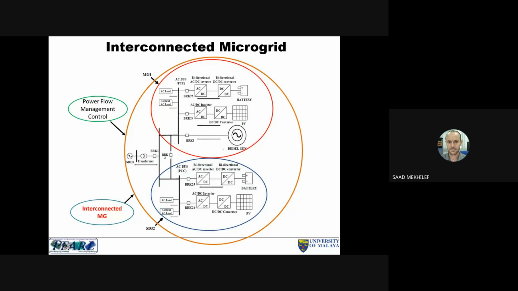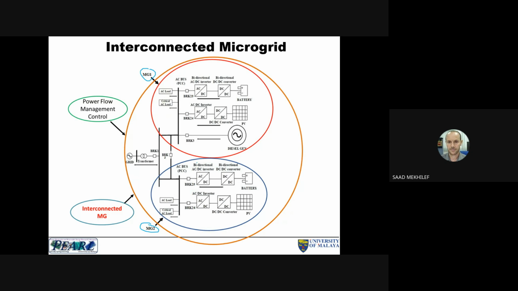Okay, and we have the interconnected microgrid. What you can see here is the first microgrid, microgrid number 1, and then microgrid number 2.